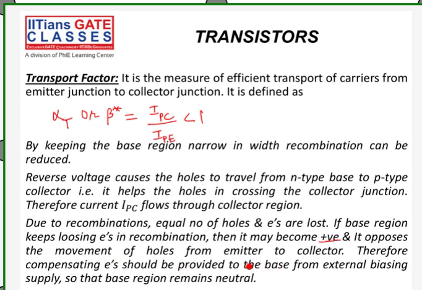Whatever electrons are lost in the recombination, the same number of electrons should be provided by the negative terminal of the battery, from the external biasing supply, so that the base region remains neutral. If the base region remains neutral, the holes coming from the emitter region won't experience any repulsion and will be freely moving through the base region. That is the main aim, to supply electrons to the base region. I think it is clear. Any doubts, please ask.